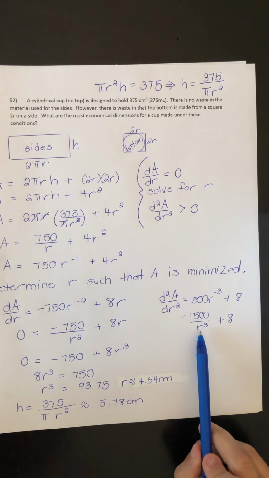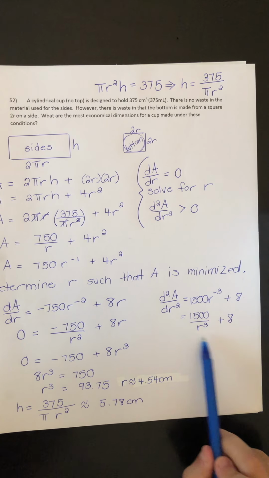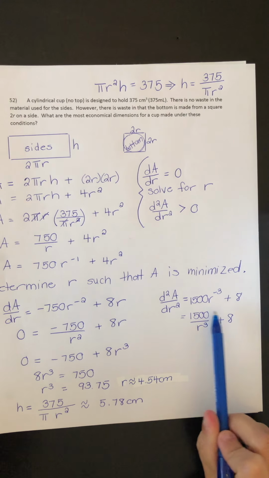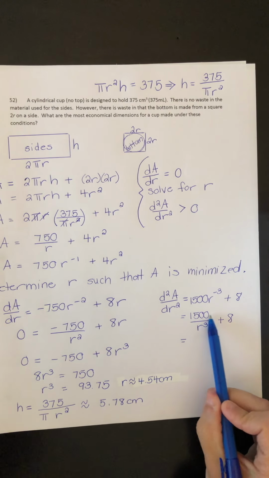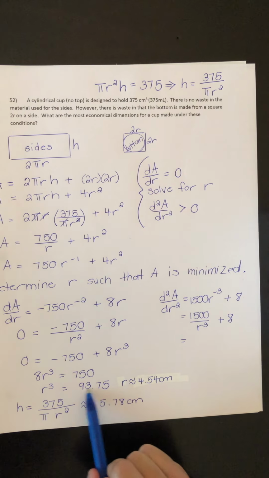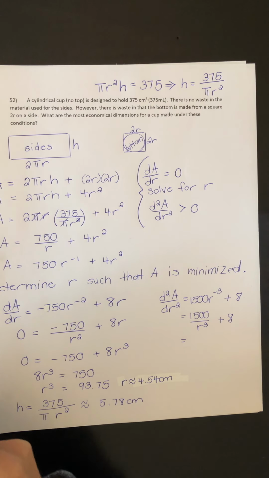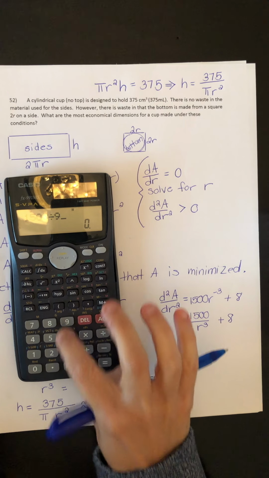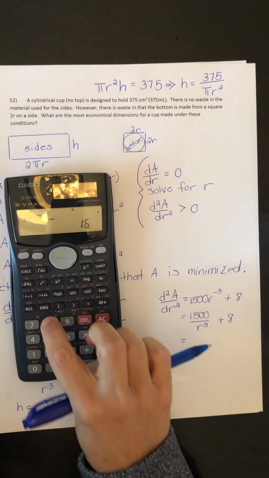And when r is a positive number, this, of course, is going to be positive. All right, if you want to know exactly what this is equal to, we can work it out. It's 1500 over r cubed, so it's 1500 over 93.75. So 1500 divided by 93.75 is that plus 8.